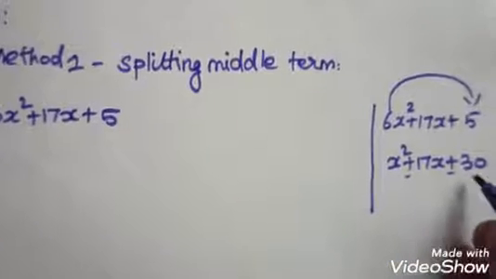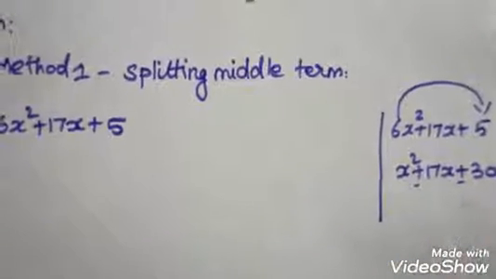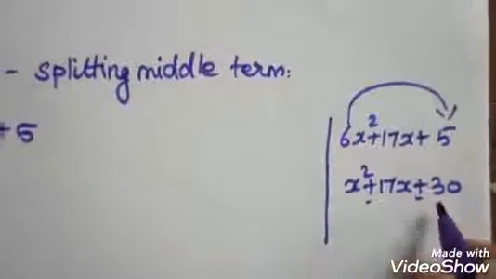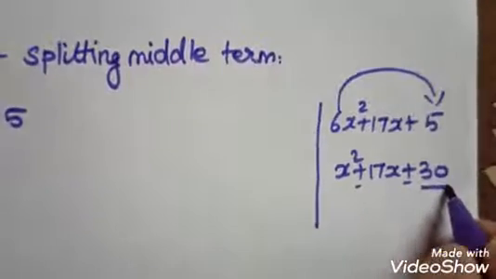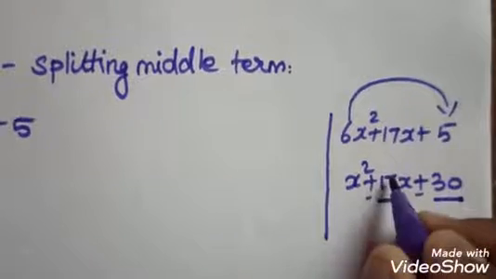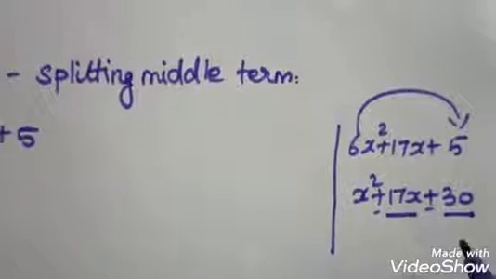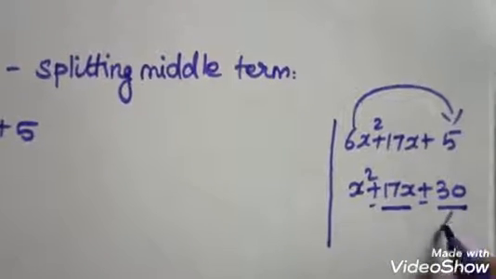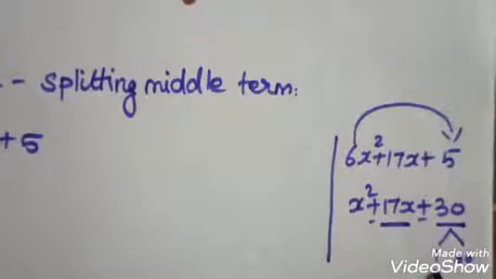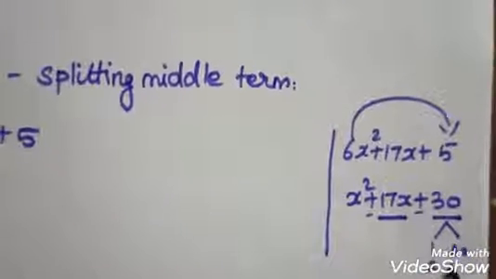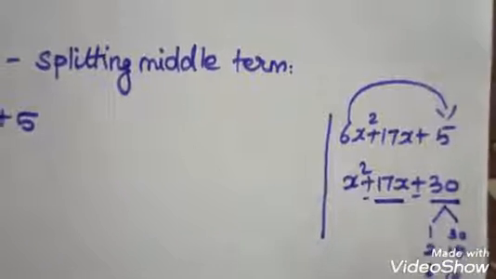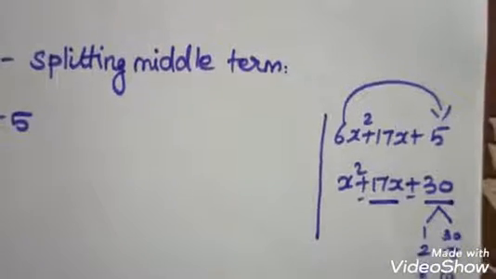So the factors of 30, all the values are positive. We have to get a product of 30 and a sum of 17. So what are the factors of 30? 1 into 30, 2 into 15, 3 into 10, and 5 into 6.